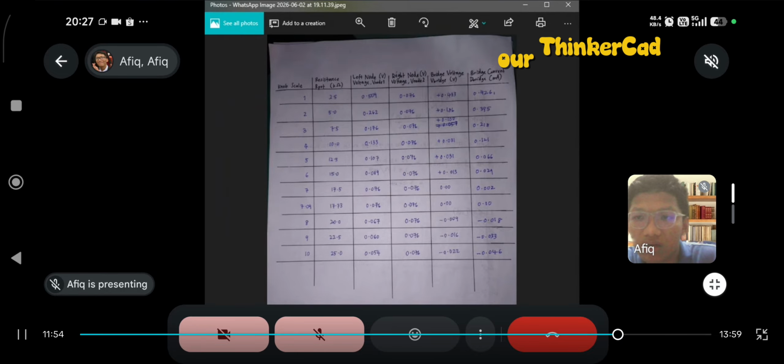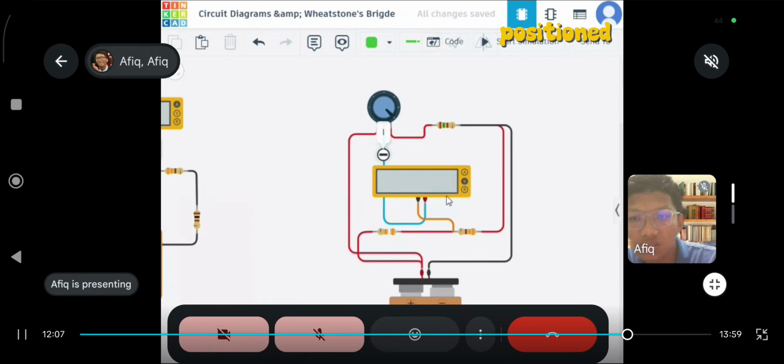So let's take a look at our live verification inside Tinkercad. As you can see, our bridge components are laid out cleanly, and we have positioned the potentiometer knob just past the 7 mark on the dial, matching our calculated scale value of 7.09. In Tinkercad we got 7.05.